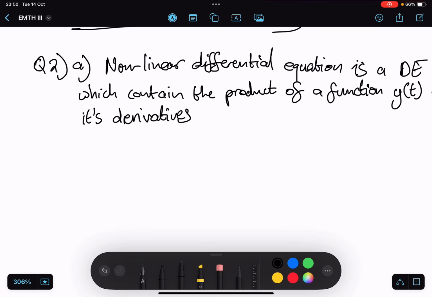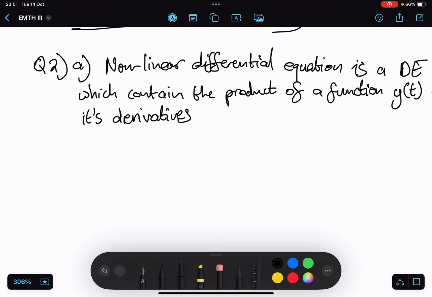So this is a nonlinear differential equation. We are saying it contains the product of a function, in our case we can call it y of t, and its derivative.